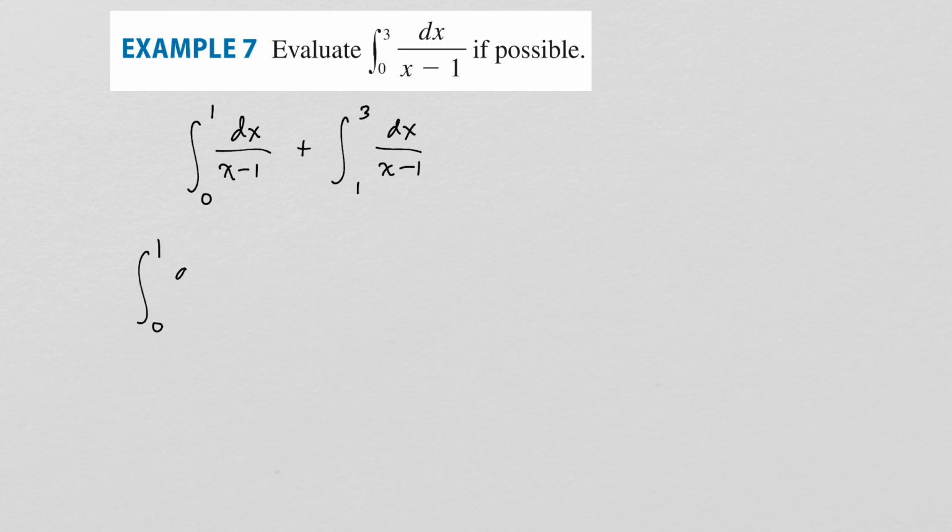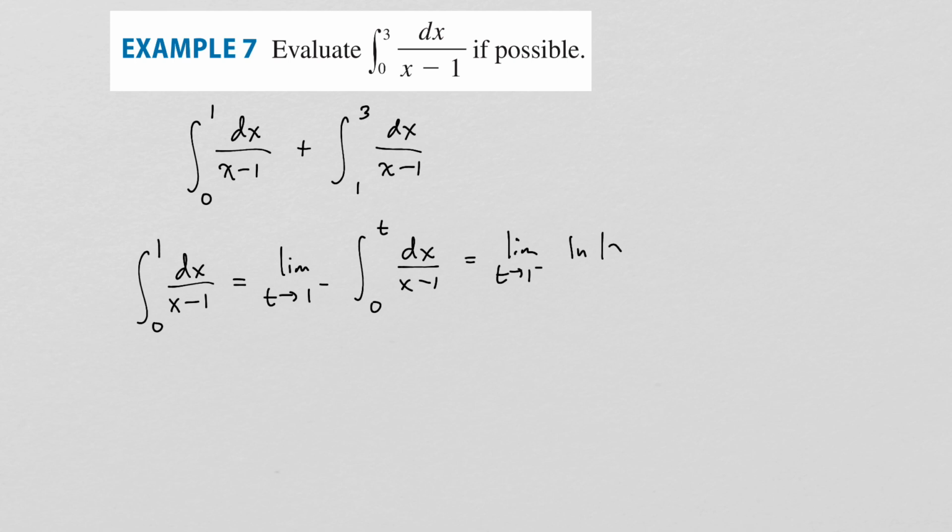The integral from 0 to 1 of the function 1 over x minus 1 is going to be the limit as t approaches 1 from the left of the integral from 0 to t of our function here. The antiderivative of 1 over x minus 1 is the natural log of the absolute value of x minus 1 from 0 to t.